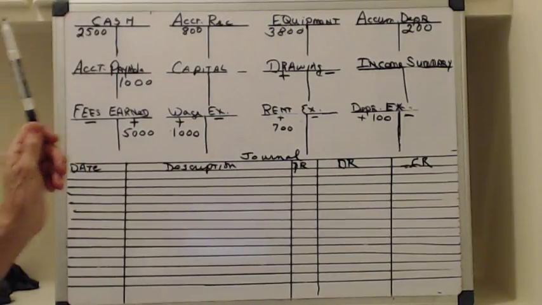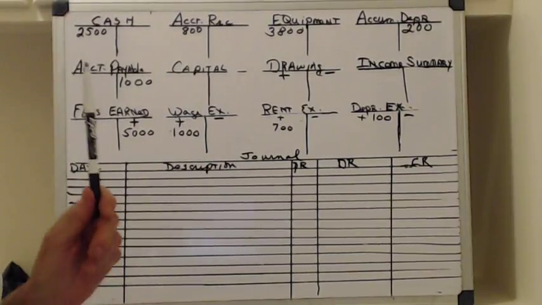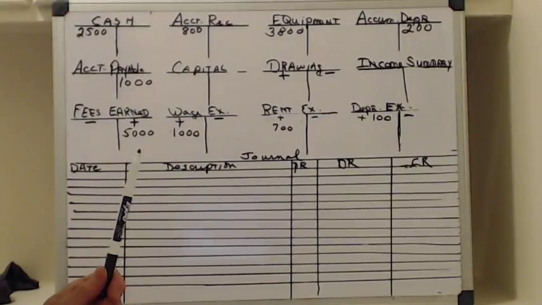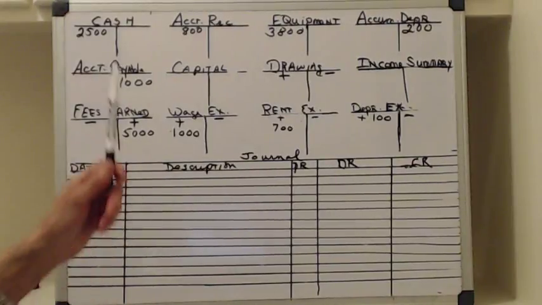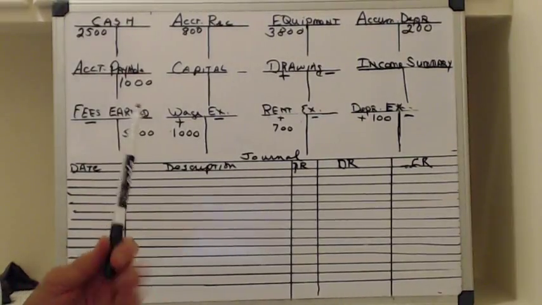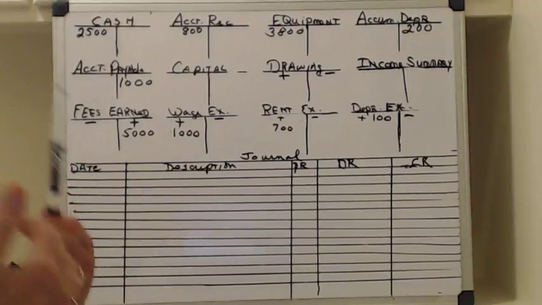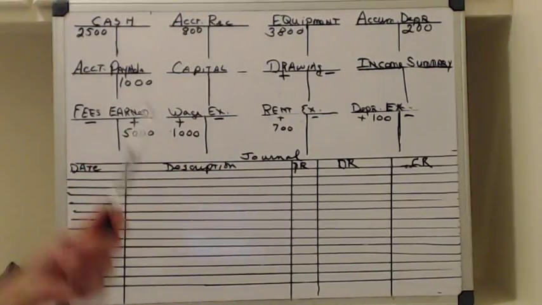So we're going to have two groups of accounts. We're going to have our permanent accounts and our temporary accounts. So I explained to you what the temporary was. Now the permanent accounts are accounts that do not close, that the balance carries over from 1 month to the next.